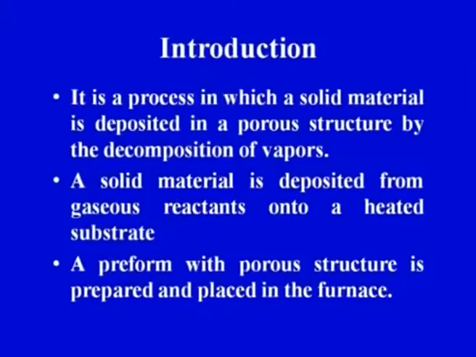In that porous structure these gases infiltrate inside, and because of the reactions taking place, solid material is deposited on the fibrous preform and we get a composite material. So, a solid is formed onto and around the fibers as the reactants decompose.